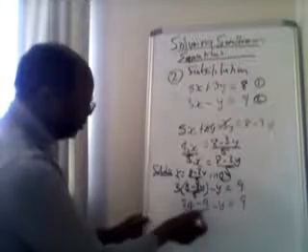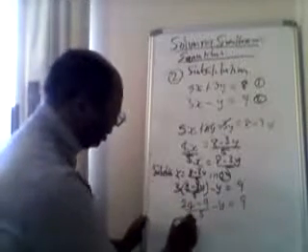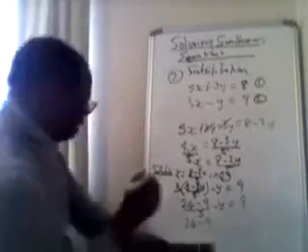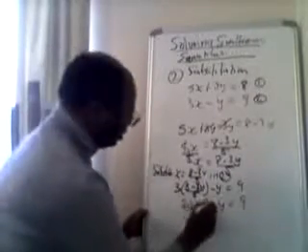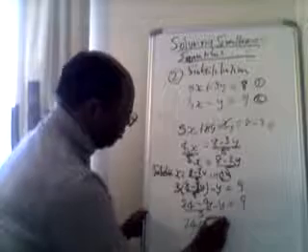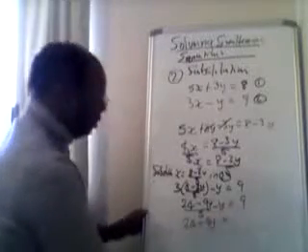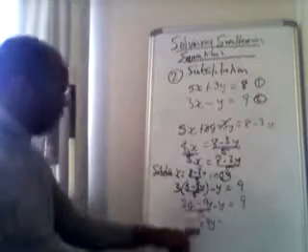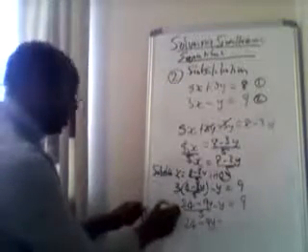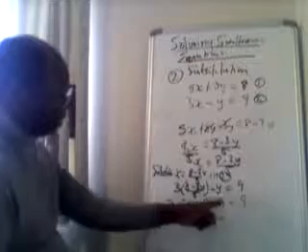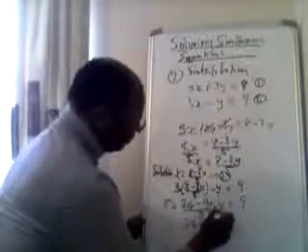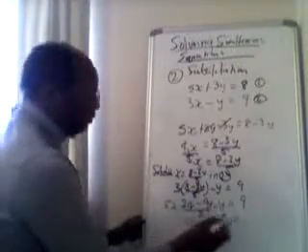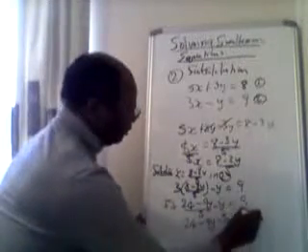If I multiply the whole of this by 5, I'm going to get 24 minus 9y minus 5y. The 24 minus 9y, the denominator is gone because I've multiplied by 5, and I multiply this by 5. I'm going to get 5y equals 9 times 5, which gives me 45.